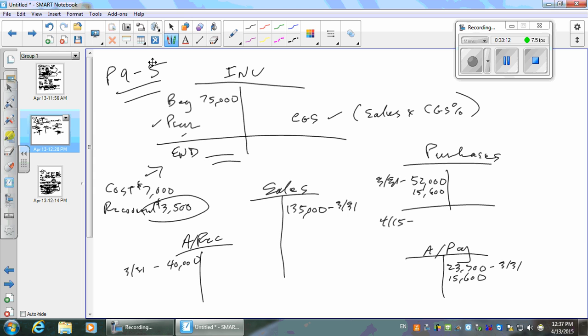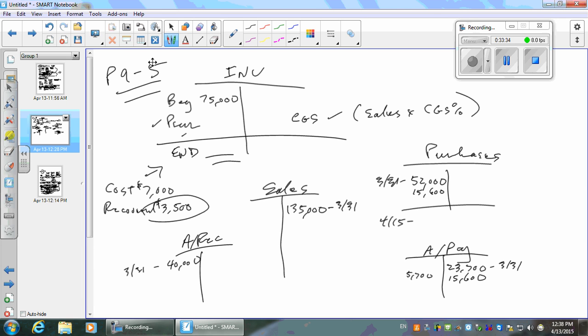An examination of the April bank statement and cancelled checks revealed that checks written during the period totaled 13,000: 5,700 paid to accounts payable. So what we do is we credit cash, and then we debit what? Accounts payable. That's going against this 23,700. So 5,700 was for that. You guys agree with that?